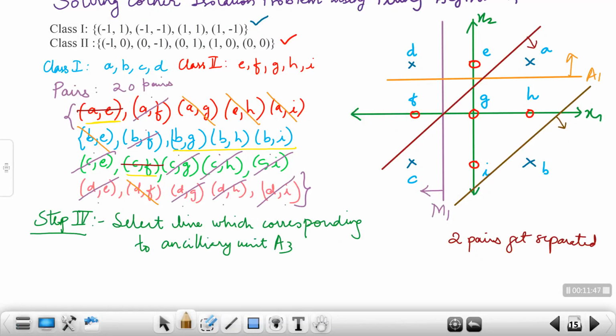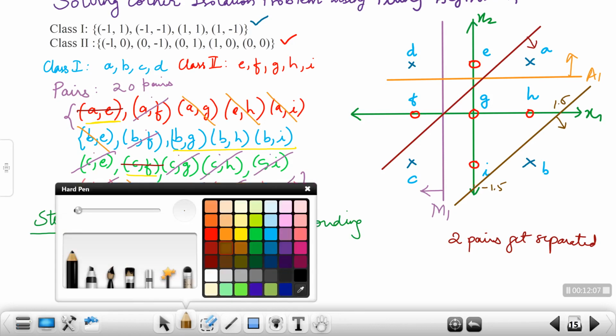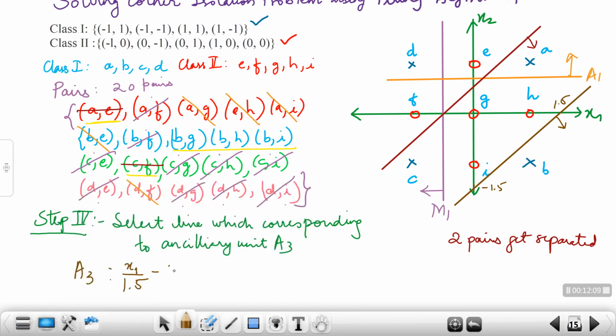So the equation of the line again will be, this is A3, x1 upon 1.5, assuming that this point is 1.5 and this is minus 1.5. So in the two-intercept form, I get this equation x1 upon 1.5 minus x2 upon 1.5 is equal to 1.